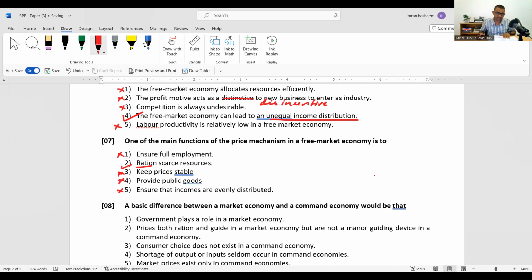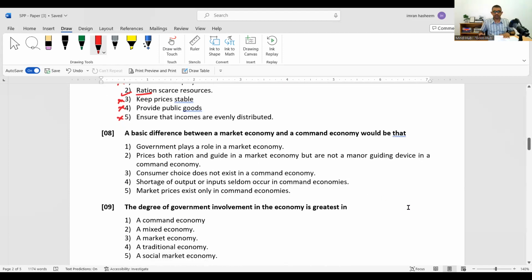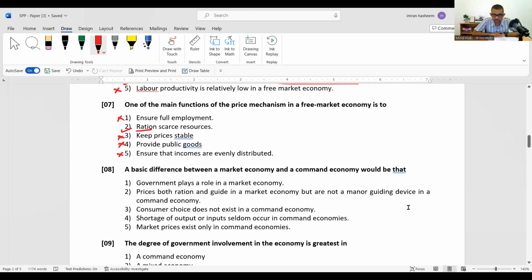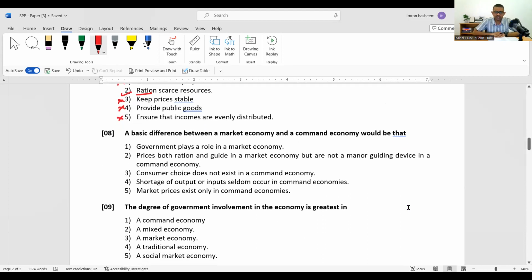Question 8. A basic difference between a market economy and a command economy. Government plays a role in a market economy. Is it? Or is the government laissez-faire?